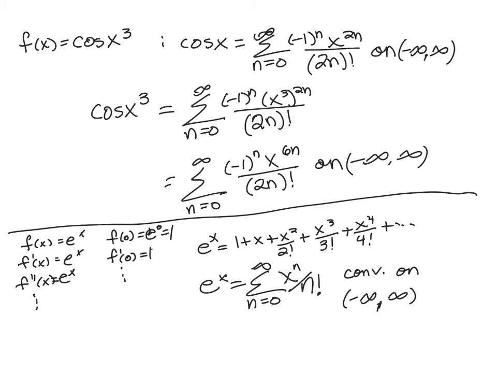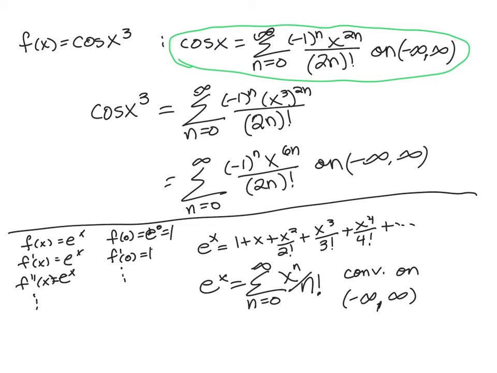Okay, what if we have cosine or sine or some other basic function that we found a power series representation for, but now there's something happening to it. In this case, let's say our cosine is cubed. So we know that the power series for the cosine is this right here, and we know it's convergent everywhere.